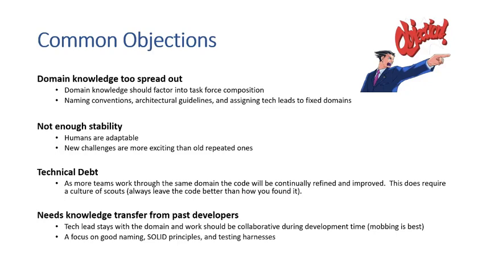Things like proper... actually, I have it listed here. So a focus on good naming, SOLID principles, and testing harnesses. Those things will eliminate that, because if you name things correctly and you're using the SOLID principles, you are properly segmenting out the work so that it is easily consumable, right? SOLID principles are not to make computers work better.